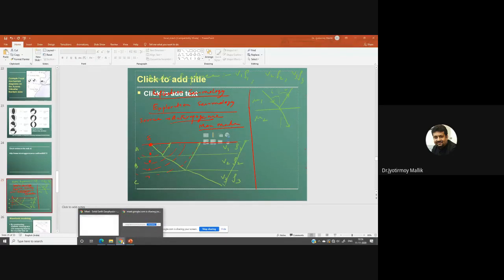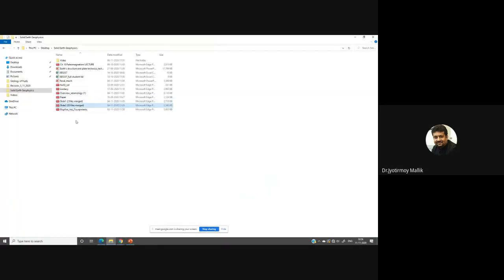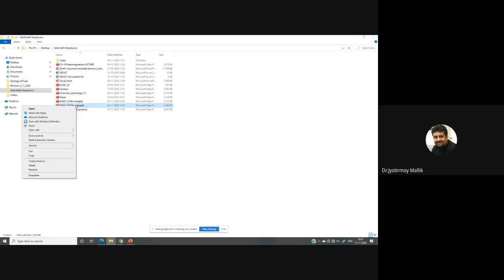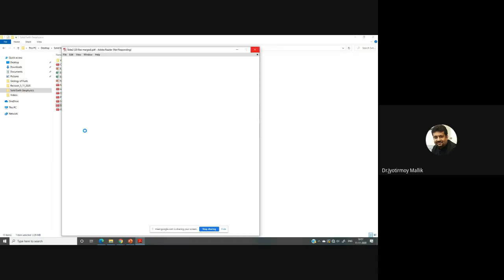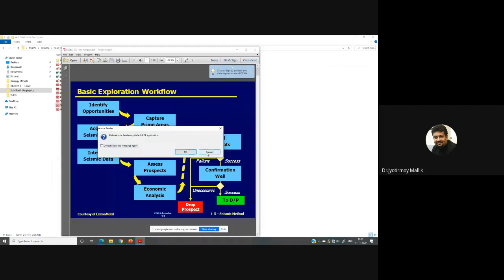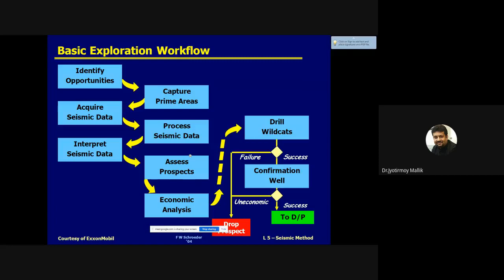So we are going to use these basic principles. Now let's go to the slide pack. This is the basic exploration workflow in the oil and gas industry.